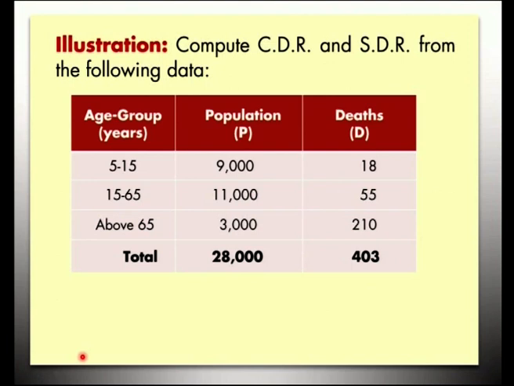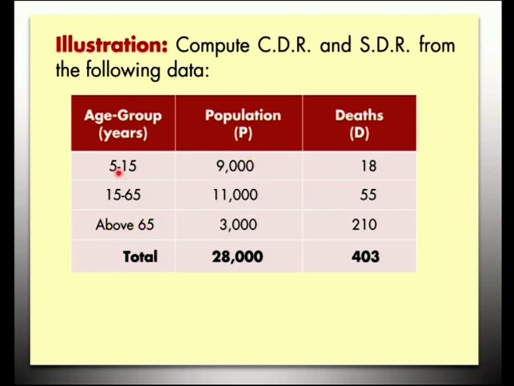Now, we shall do an example in computing CDR and SDR from the following data. Age group is given as 5 to 15 and 15 to 65, and 65 and above. 5 to 15 represents the child age group, 15 to 65 represents the adult age group, and above 65 represents the old age people.